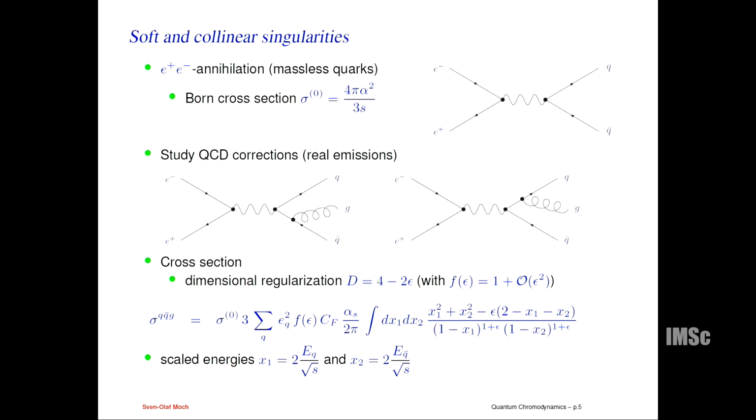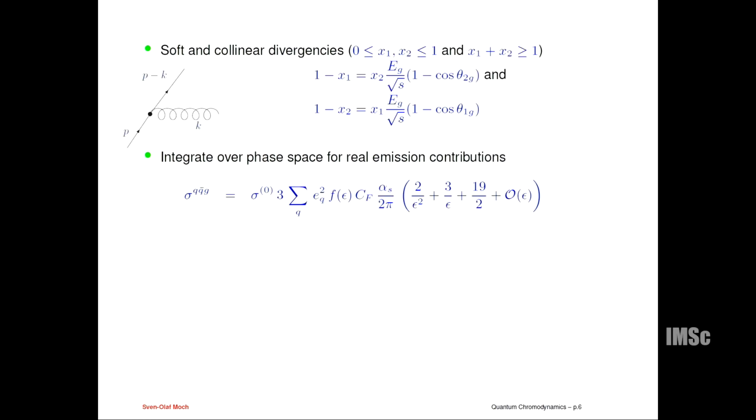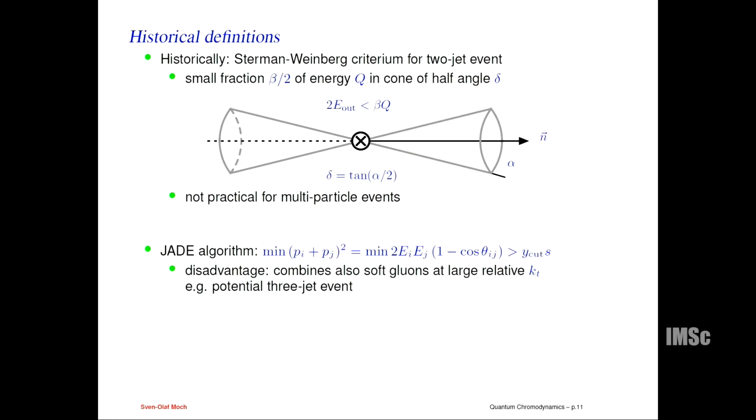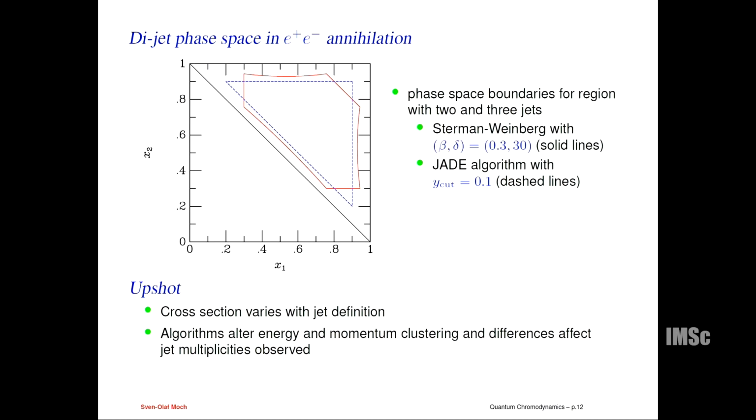Now we take it in 4 dimensions because we make cuts so that we don't run into the soft and collinear singularities. So we're basically looking at x1 squared plus x2 squared over 1 minus x1, 1 minus x2. So this is the phase space we're looking at. And in terms of x1 and x2, this is the totally admissible phase space here, so it's the upper triangle here.